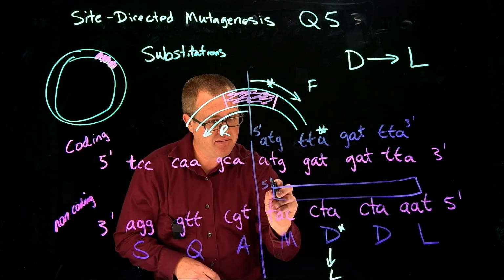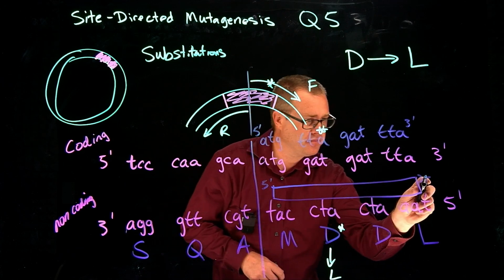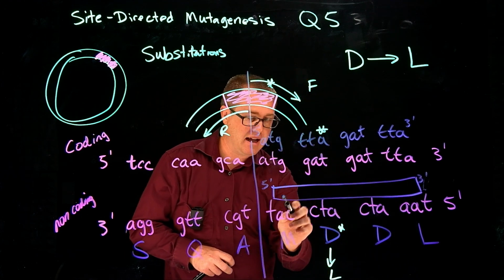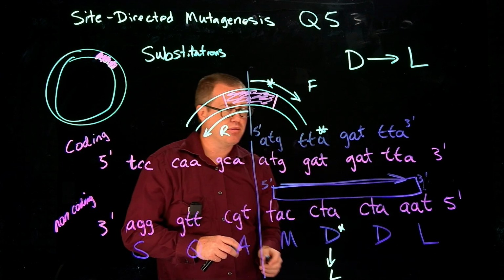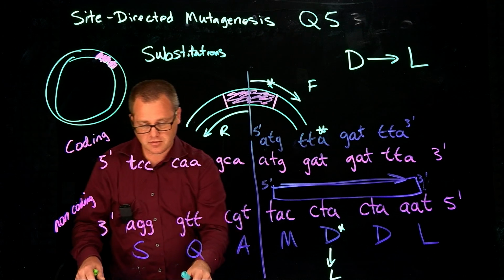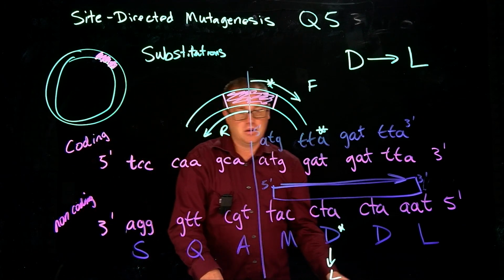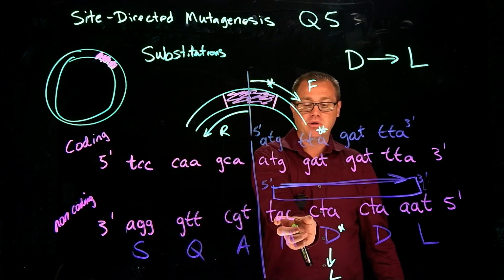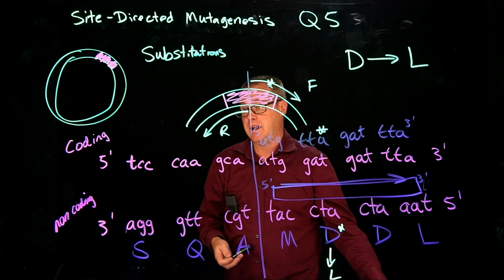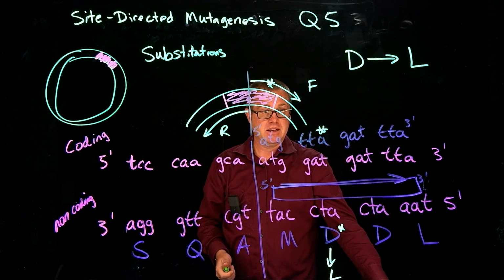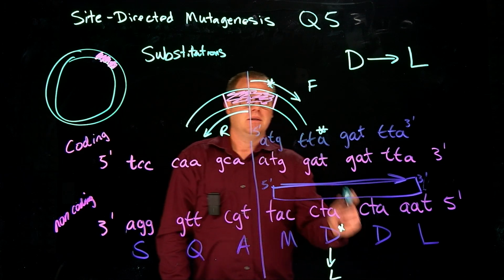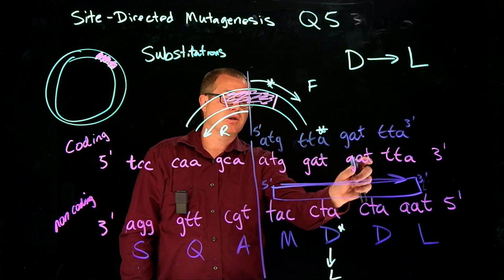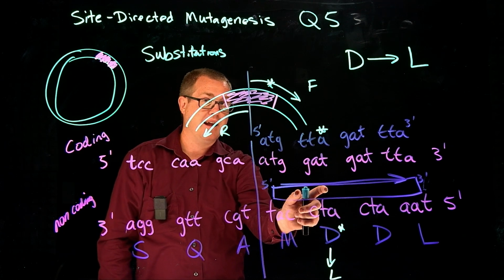And so that's the 5 prime, the 3 prime, and so it's going to synthesize in that direction. By definition, the forward primer is the one that's going to anneal to the non-coding strand, or the template strand. And that's what we see. So this represents this, and we know the forward primer is going to anneal to the template strand, right there.